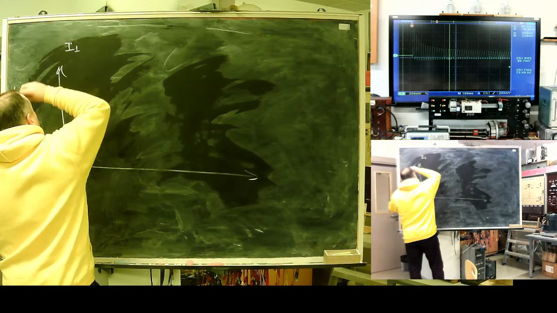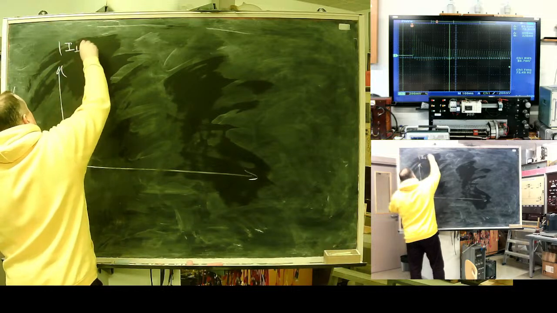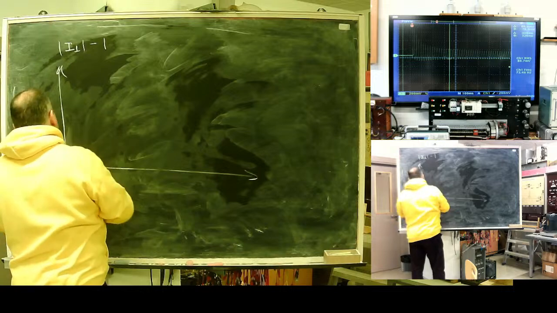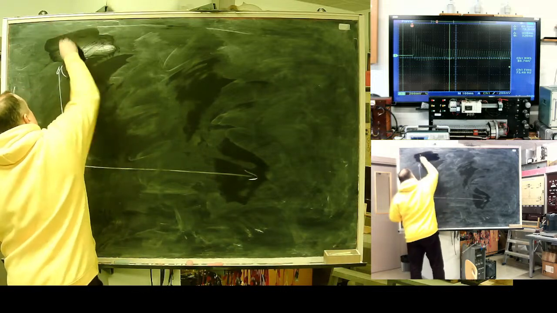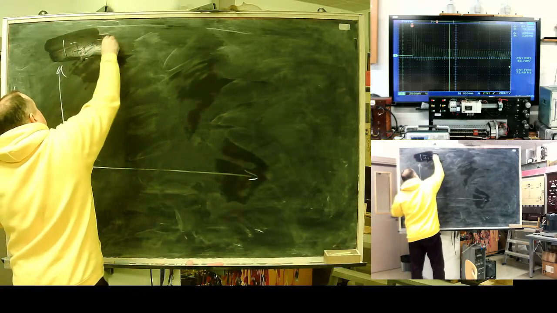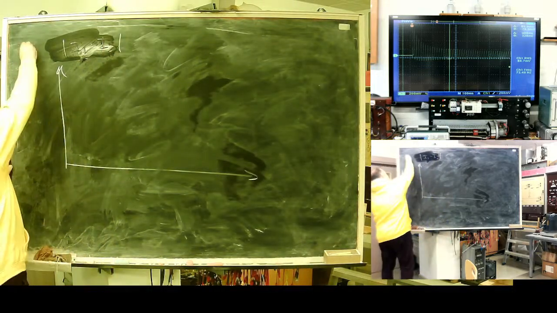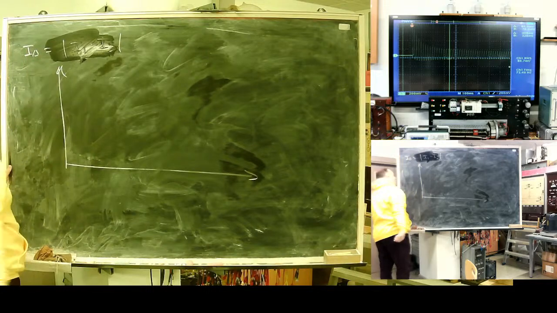Primary minus, wait a second, should be like this. Primary minus secondary is the differential current.